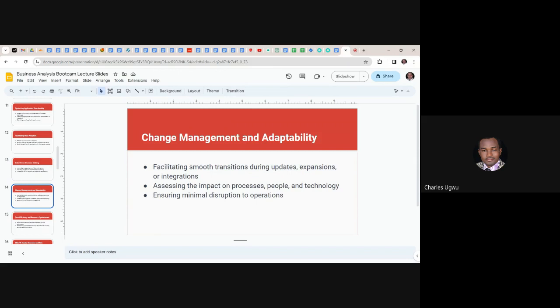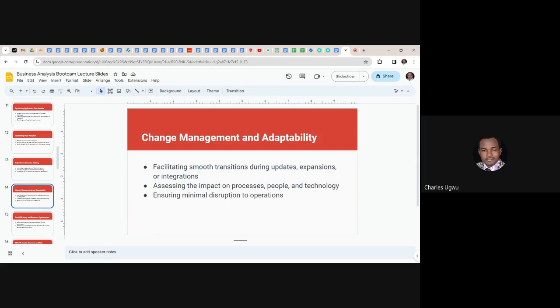Now, change management is very important in business analysis, more especially when we are trying to deploy new solutions. You need to manage changes effectively, more especially sensitization. All the people that the change will affect, you need to sensitize them, you need to carry them along, you need to educate them. You need to make sure that there is minimal disruption.